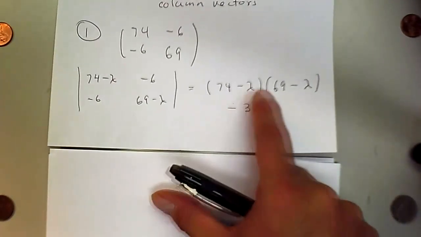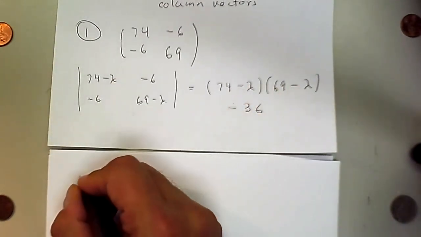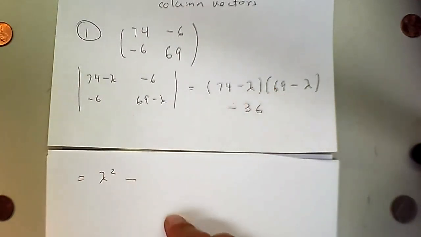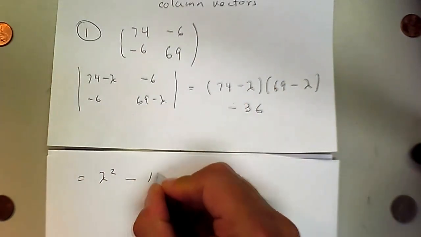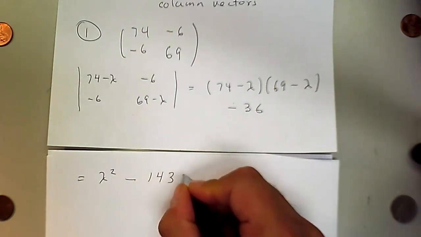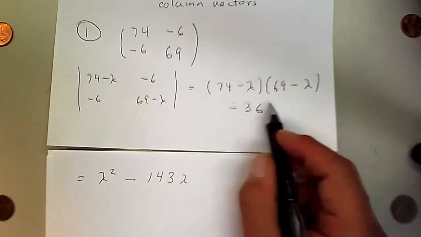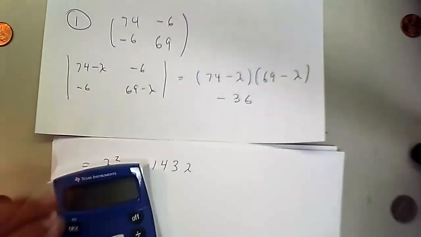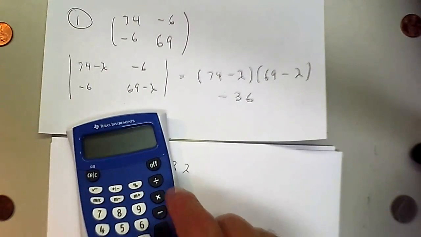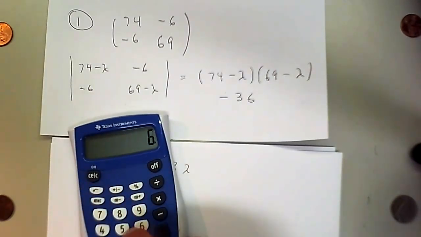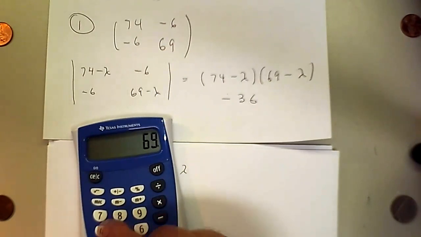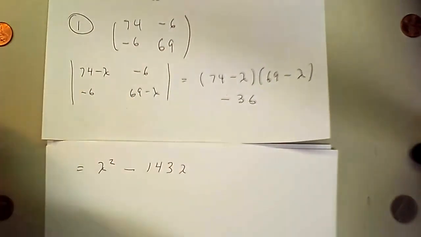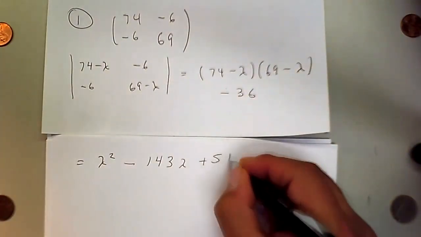All right, so we fold that out, and we end up with lambda squared minus 143 lambda, since 69 plus 74 is 143. And then we're going to add 74 times 69, which I'm going to do on the calculator. 69 times 74 is 5,106.